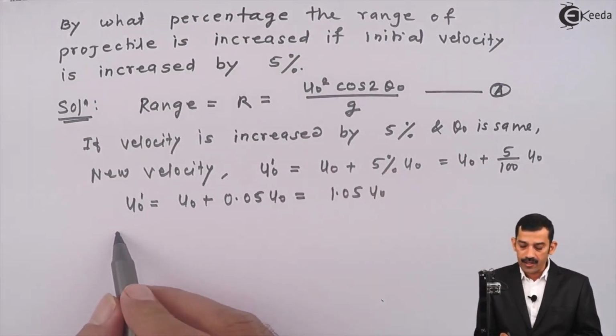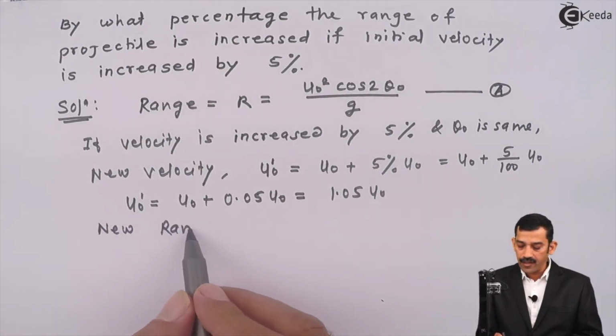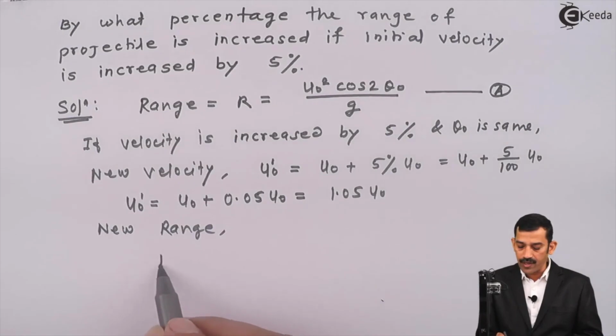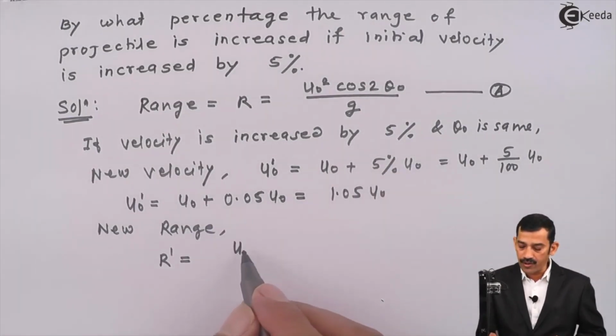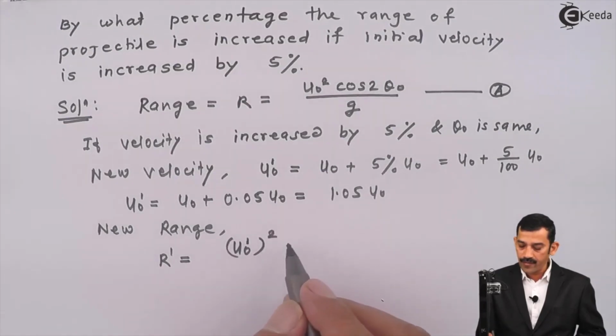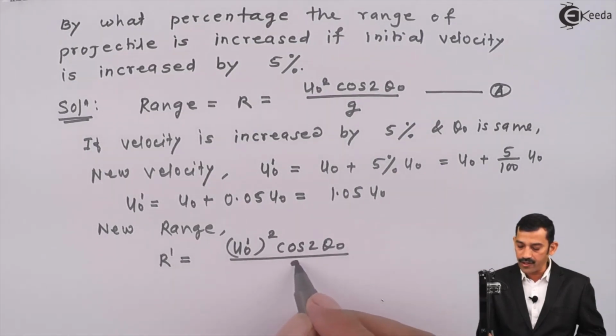The new range, which I will write as R dash, is given by u0 dash square sin of 2 theta 0 divided by g.